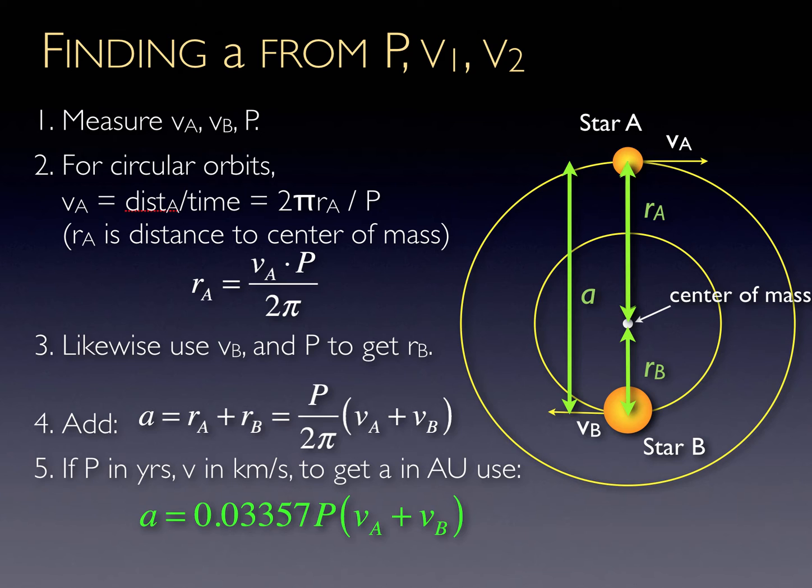The distance of each star to the center of mass point is equal to the circumference of its orbit divided by 2 pi. The circumference of a star's orbit is its average speed times the orbital period. Once the distance of each star to the center of mass point is calculated, then they can simply be added together to get the total separation distance a between the stars. This is the distance that is needed to plug into Kepler's third law.